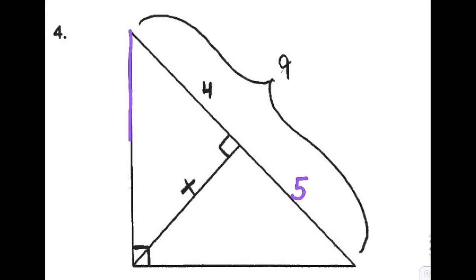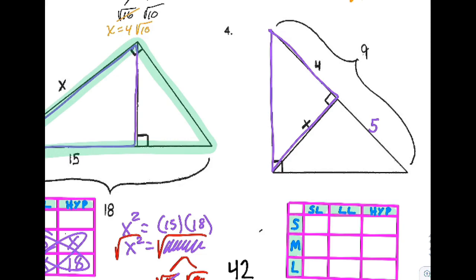So the small triangle has a short leg of 4, a long leg of x, and the medium triangle has a short leg of x and a long leg of 5. There's my block of 4 right there.